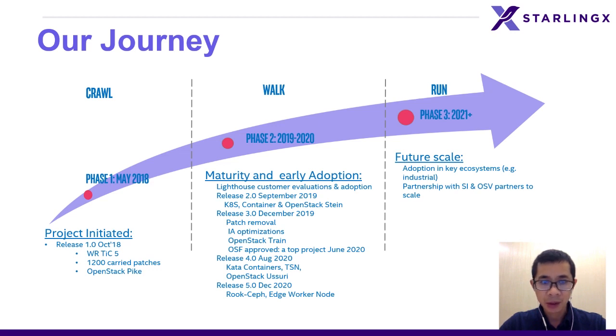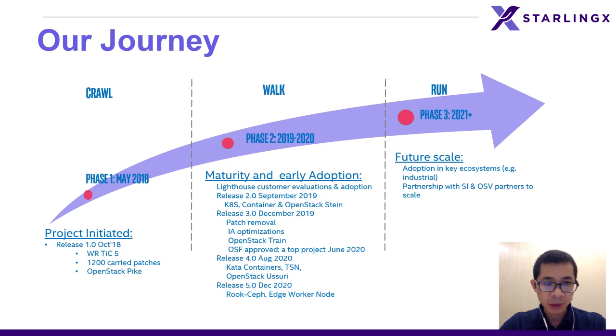In 2020, we made 4.0 with Kata Containers integrated, keeping up with OpenStack Ussuri and a few other industrial IoT features, such as TSN, time-sensitive networking support, as I mentioned previously. And going ahead, this year, we will have another release, 5.0, with containerized Ceph cluster by the Rook operator, as well as a new personality for the edge worker node, which could run a previously installed Linux distribution OS.